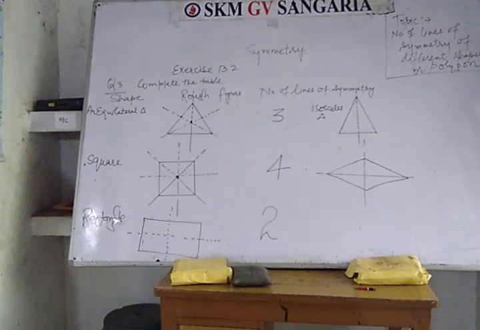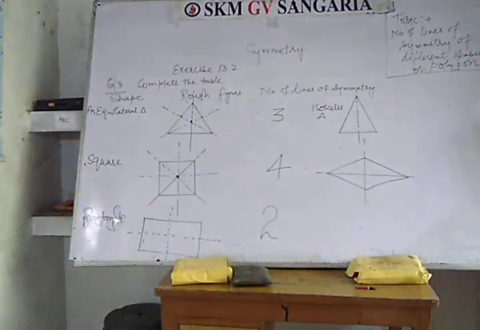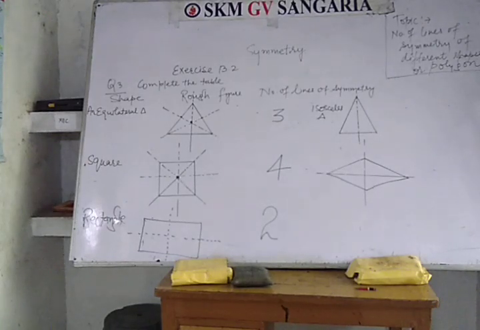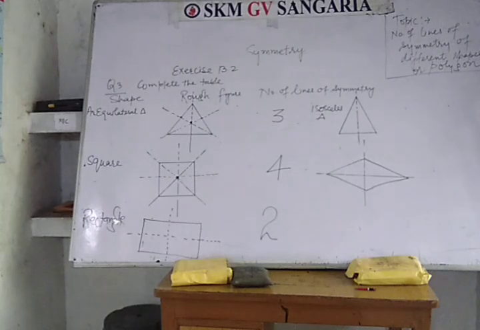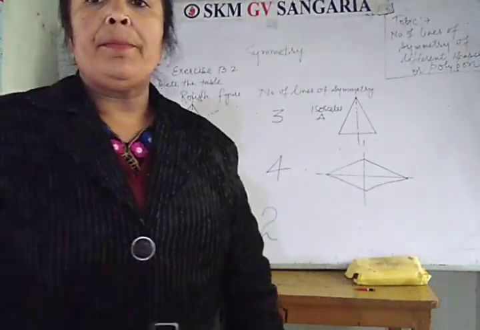Then circle. Yes, for a circle, many lines of symmetry can be drawn. Students, take compasses for drawing a circle.